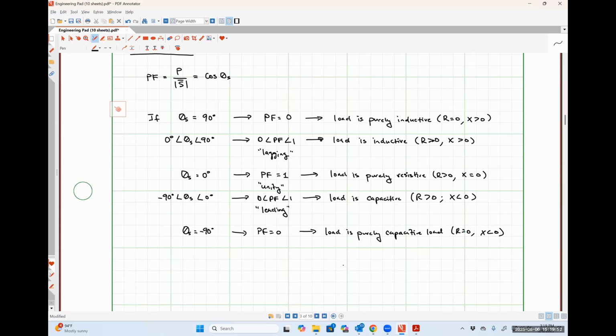Realistically, and I'm genuinely not trying to confuse you, you could have inductance and capacitance in a network and it would still operate at a unity power factor if the reactances canceled each other out.